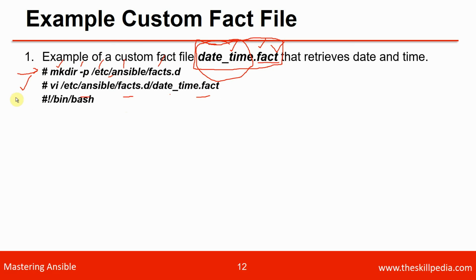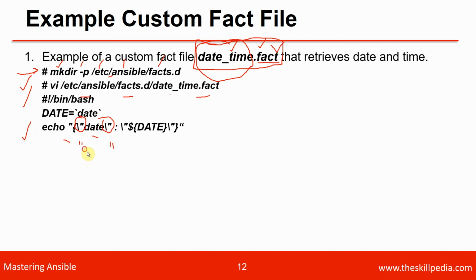Now this is a simple shell script. It is fetching the current date into the variable DATE, and then it is displaying it within curly braces in double quotes, because I'm using the escape character backslash to put the double quote here, and then date, then again escape character double quote. So it will write date inside this, and after that colon, and then again escape character double quote means it will be printed as a double quote as it is with the current value of date which is captured here as an example.